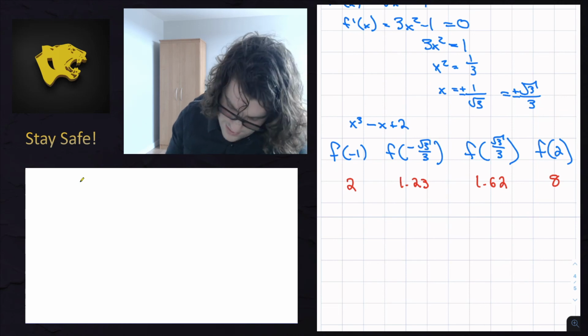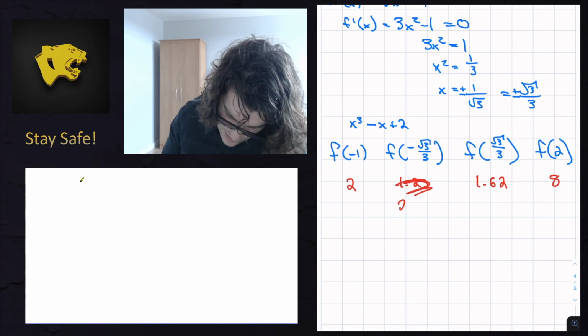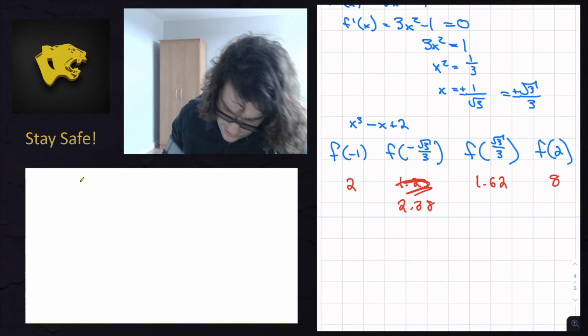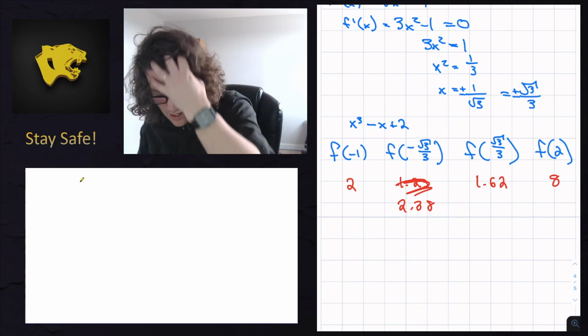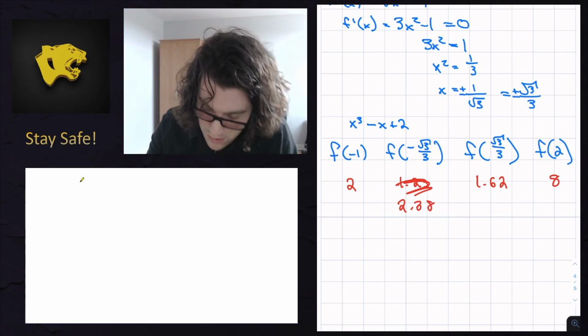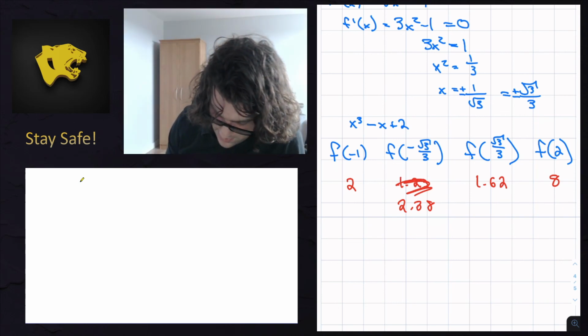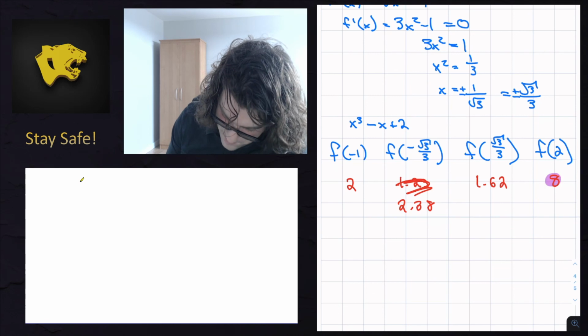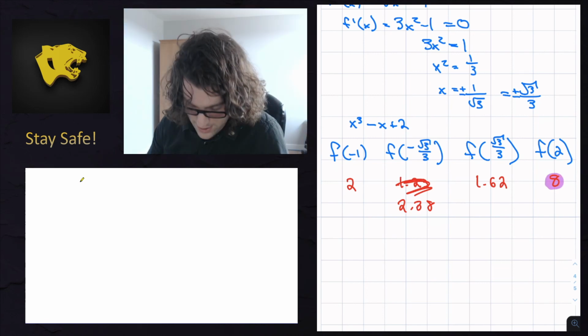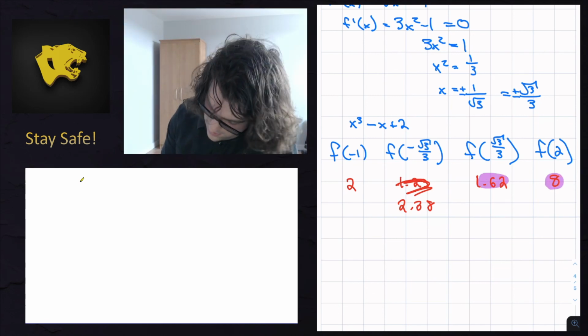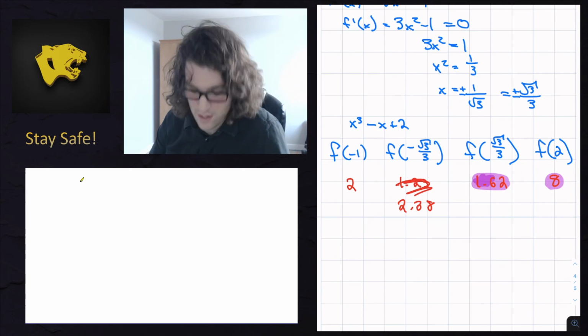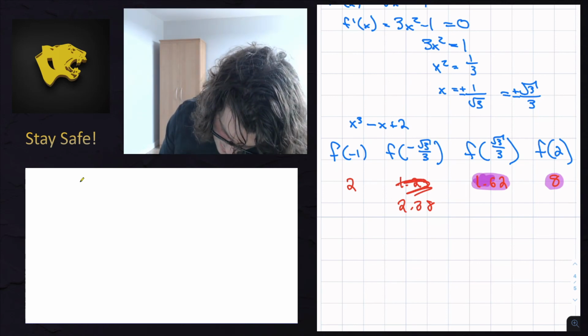Yeah, I did make a mistake there. That's good. At least I went back and checked it. All right, so 2.38. So if you'll notice, we can go along and basically compare these 4 values that we got. So the last value is obviously our highest value, and our second to last value is actually our lowest value.